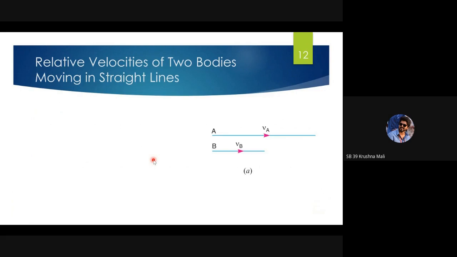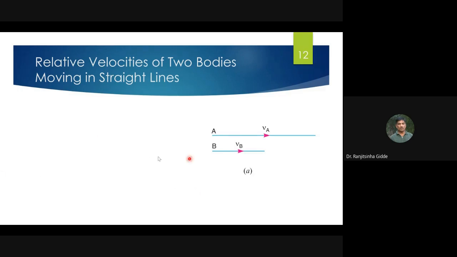Okay, then next. Now this is useful with respect to our graphical method. With the help of the graphical method, we are going to solve numericals of velocity and acceleration for different mechanisms.